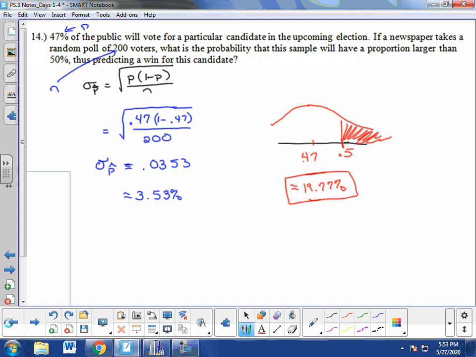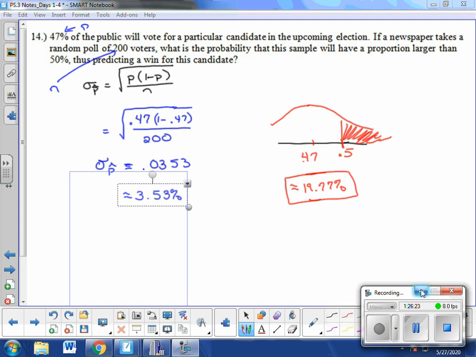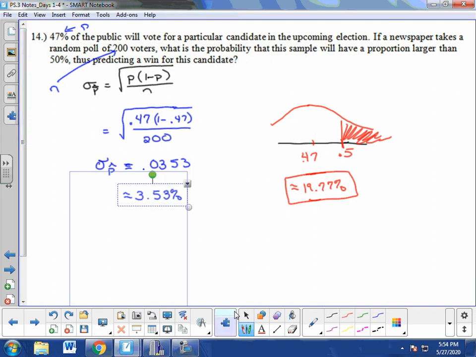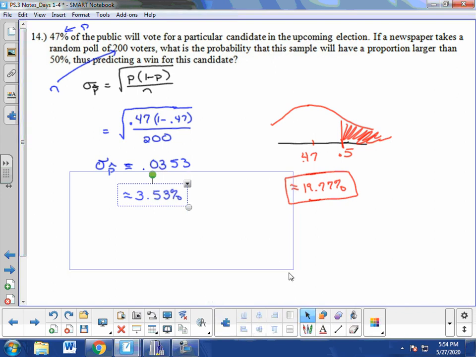Okay, so this is just a brief overview of population proportions. Actually, in reality, we're not going to do a lot with population proportions. I just wanted to make sure that we touched on it a little bit before you guys got to statistics, for those of you that are going to go in that direction.